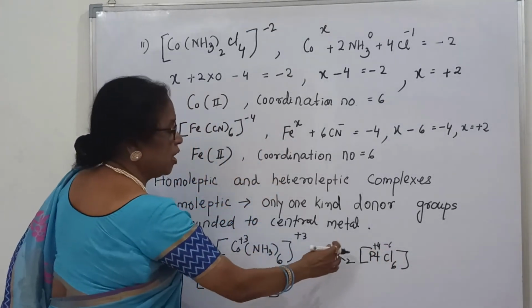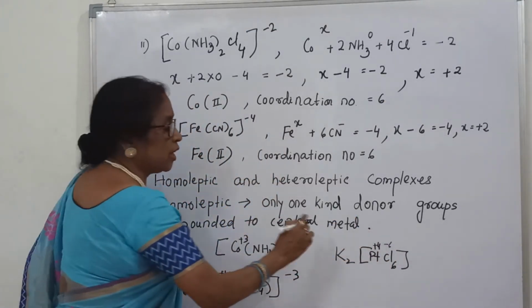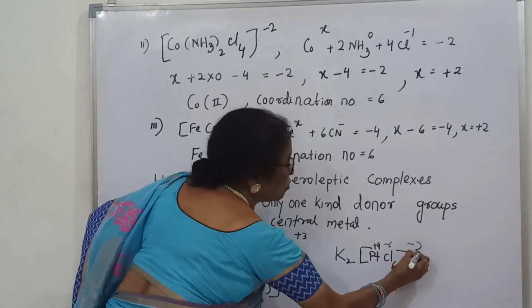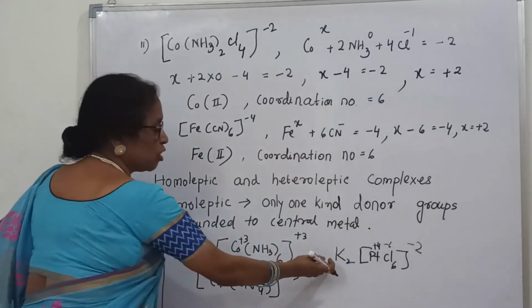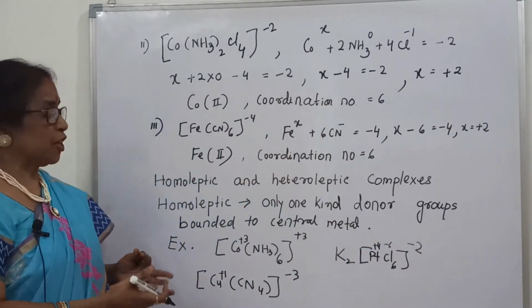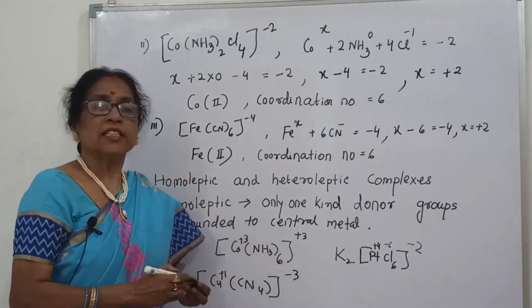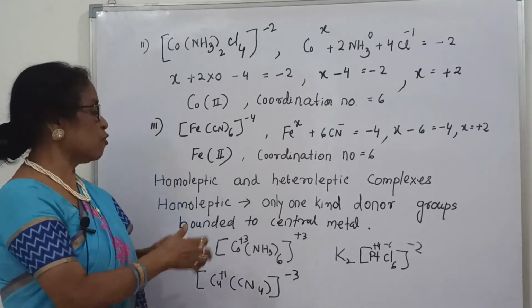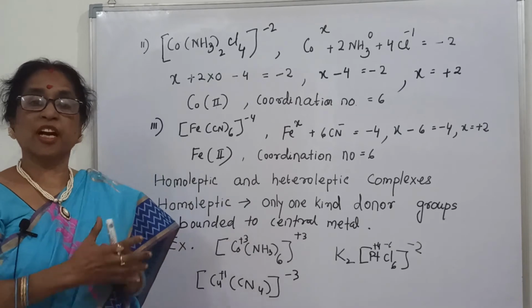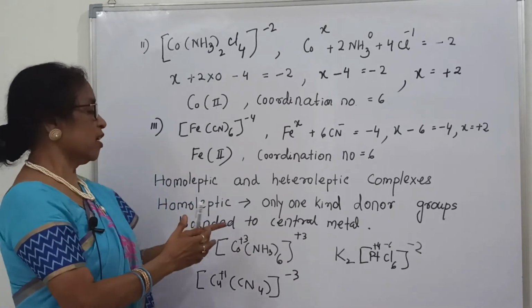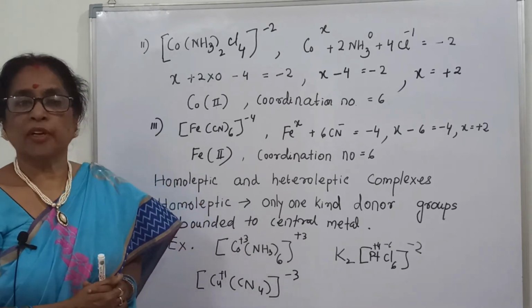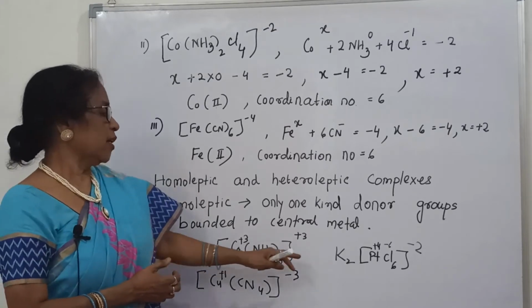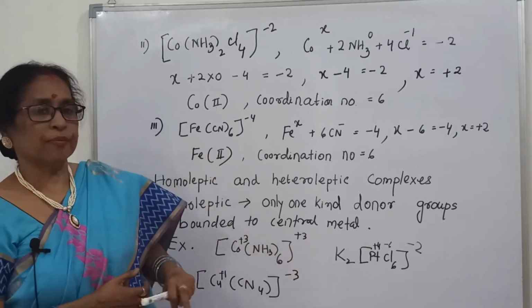Then -6 + 4 equals -2. If it is -2, the potassium is 2. In K2PtCl6, only one kind of ligand is present, the chloride, the same kind of ligands. That is why it is called a homoleptic complex.